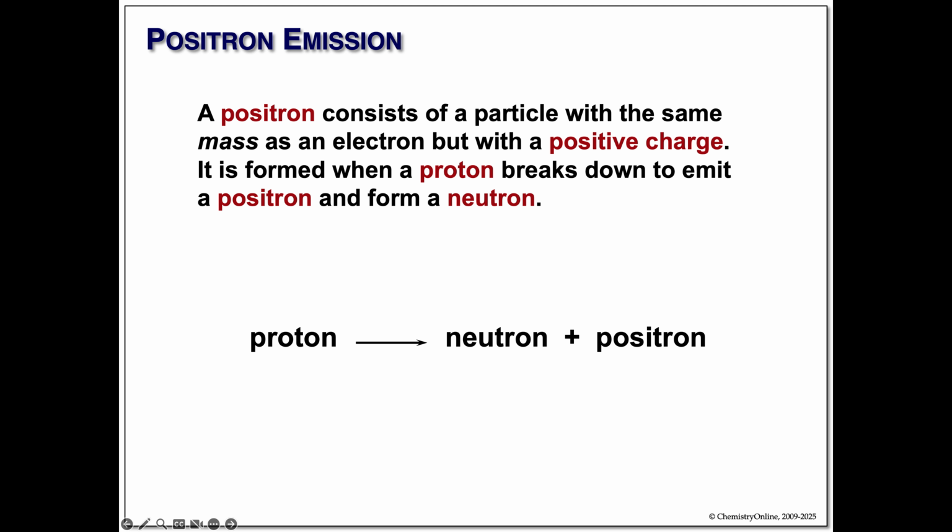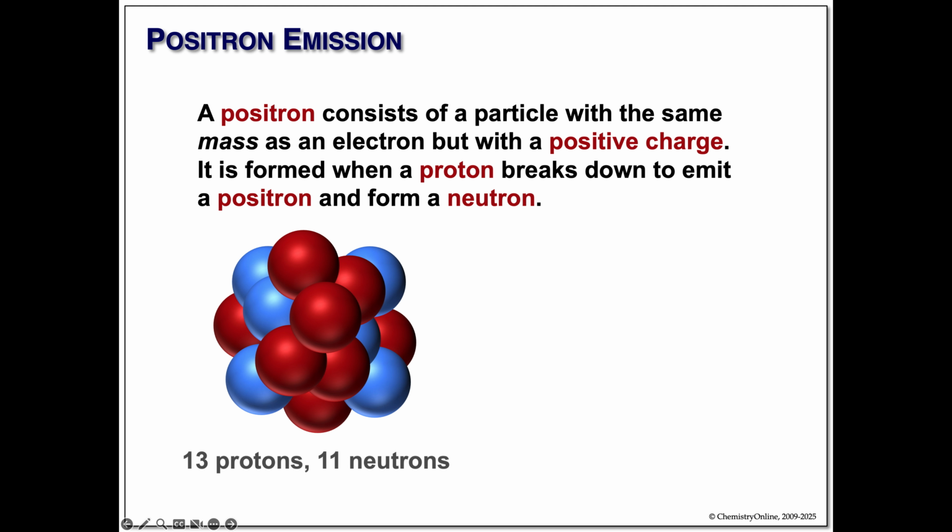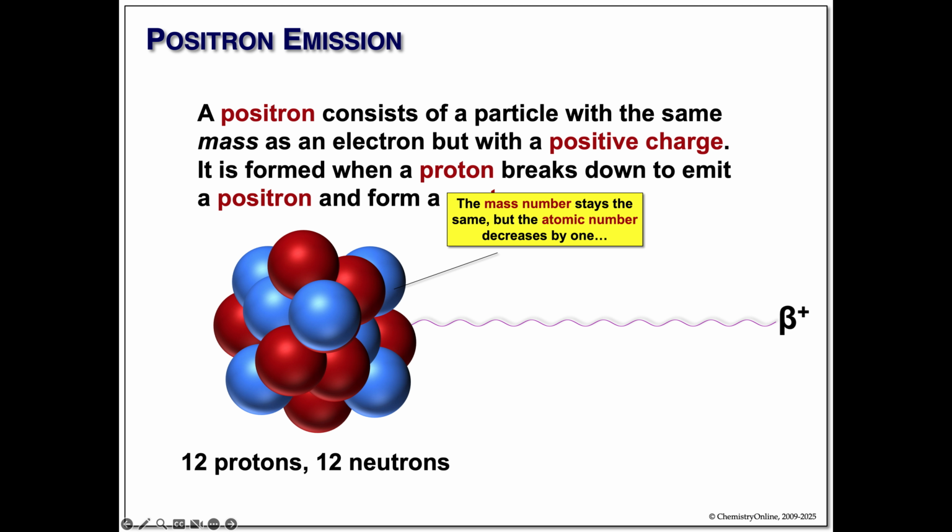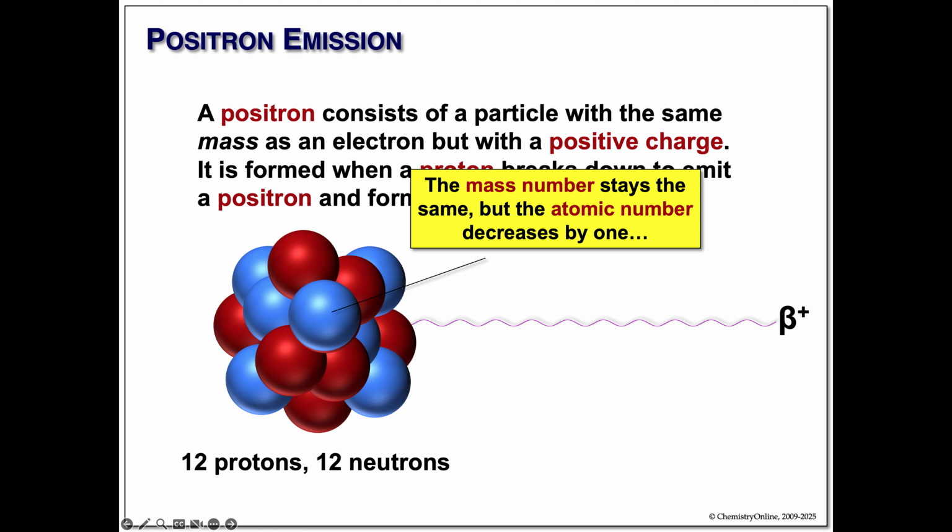The positron is a positive electron. The process looks something like this. Here we have 13 protons, 11 neutrons. And to take one of these protons, we're going to convert it to a neutron by losing our positive charge as a positive electron. Positron.